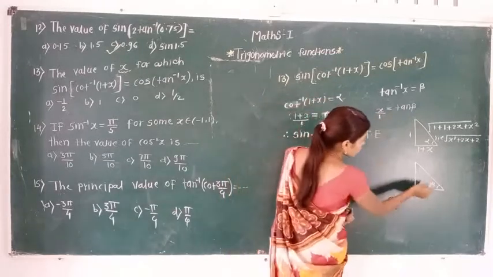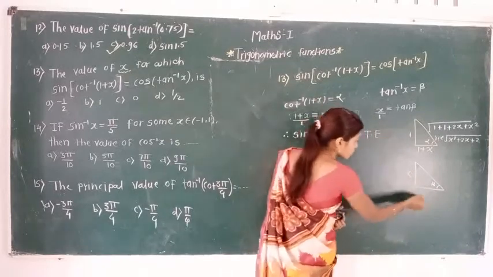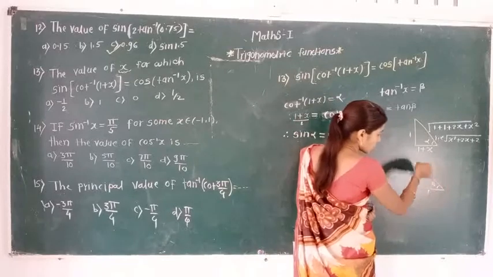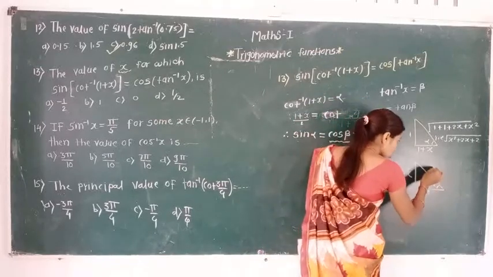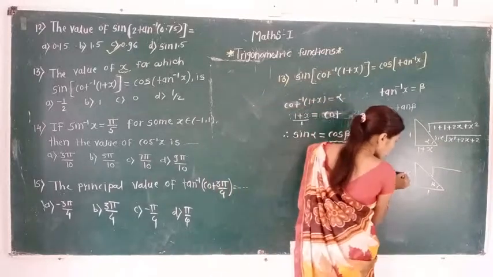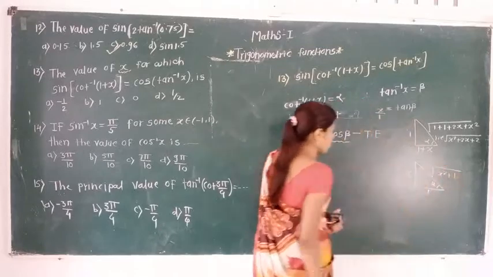So opposite side of this angle beta is x and adjacent side here is 1. So by using Pythagoras theorem, the hypotenuse is the root of x square plus 1.